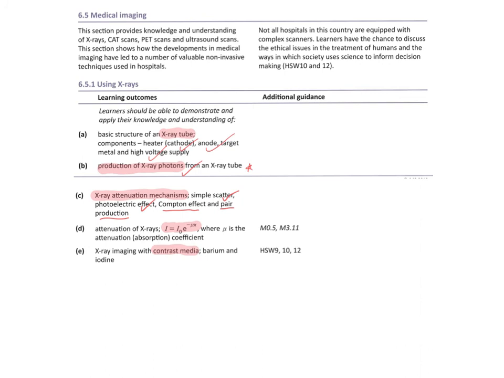We also introduced the attenuation of X-ray intensity equation, and X-ray imaging with contrast media. So we talked about how barium and iodine can be used for contrast in X-rays.